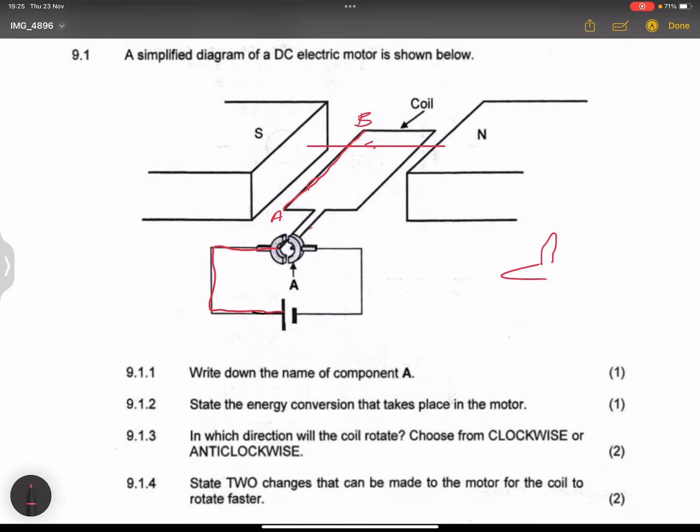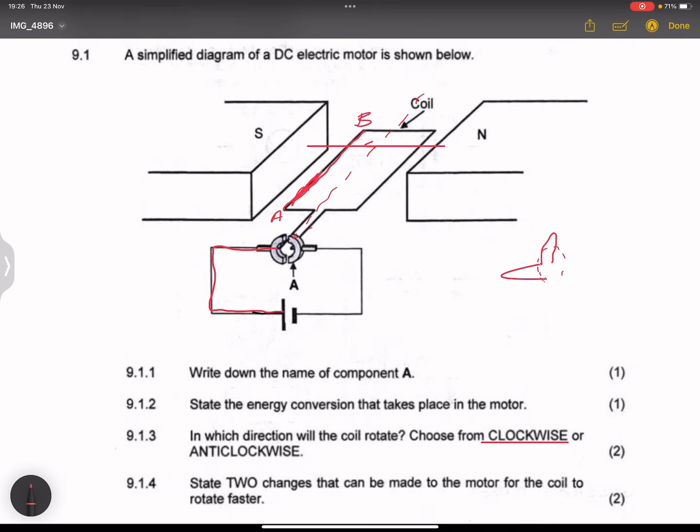You'll see that your thumb points upwards. It's showing you that this side would go up, so this is rotating clockwise. So our answer there should be clockwise.